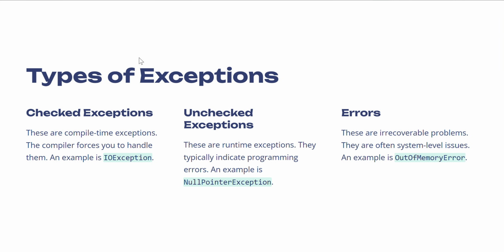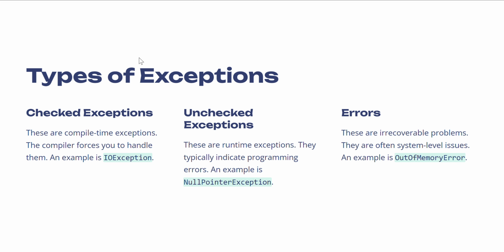Now, there are various types of exceptions. It can be differentiated into two types: exceptions and errors. Exceptions then have two types: checked and unchecked exceptions. Checked exceptions are the compile time exceptions. The compiler forces you to handle them. For example, IO exceptions. Unchecked exceptions are the runtime exceptions.